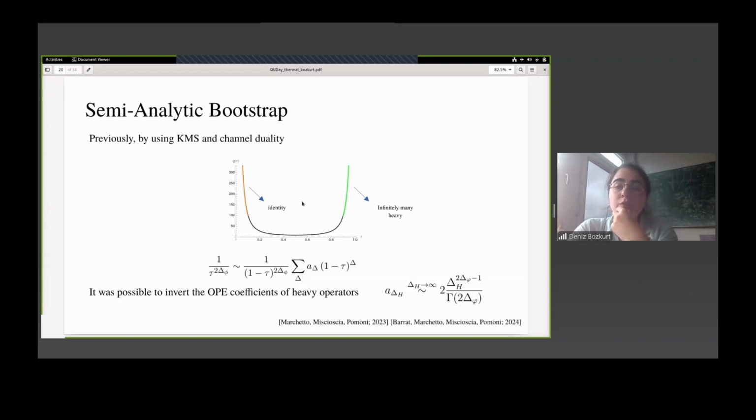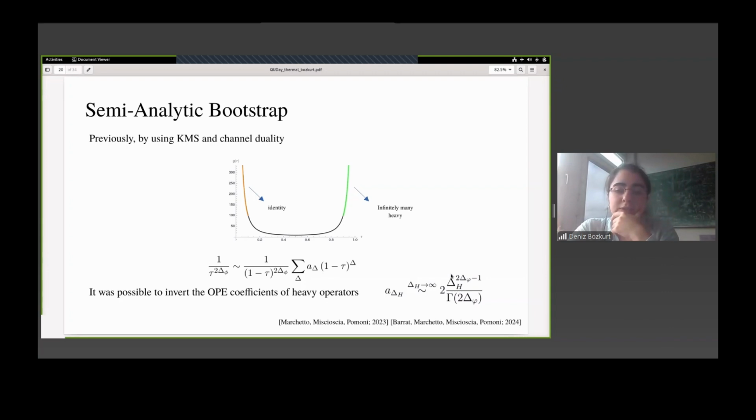And they were employing this channel duality to get the asymptotic description of the OPE coefficients of heavy operators. So this asymptotic expansion has a leading term, in general, that is given here.